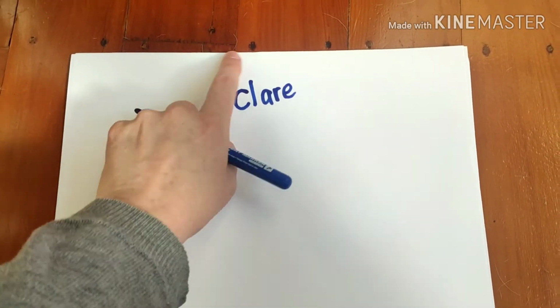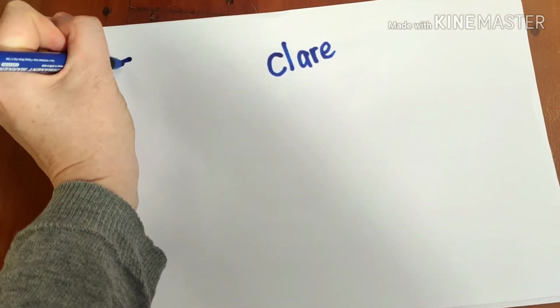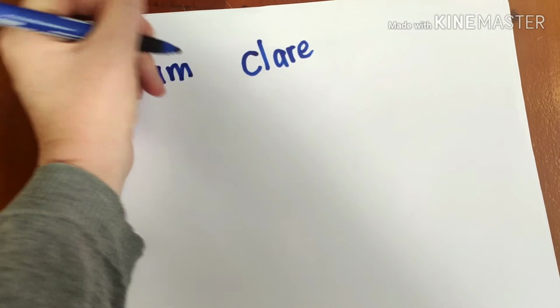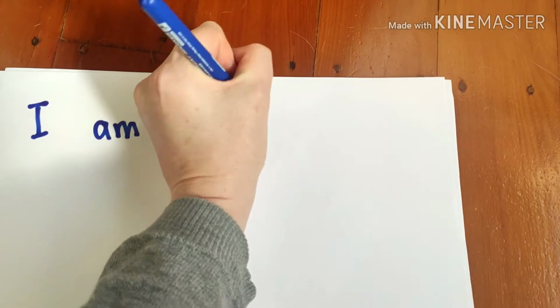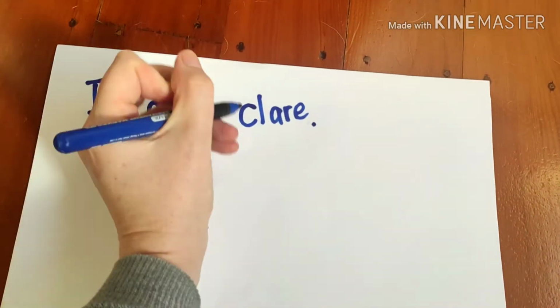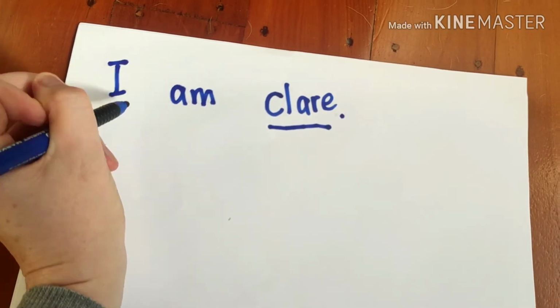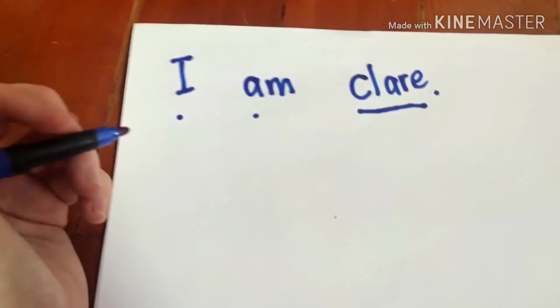That's just one word. But if I add to this, if I write I am, look, I've made a sentence now. I am Claire. Okay, so this is a sentence. I turned one word into a message by adding some more words. Okay, let's try another one.